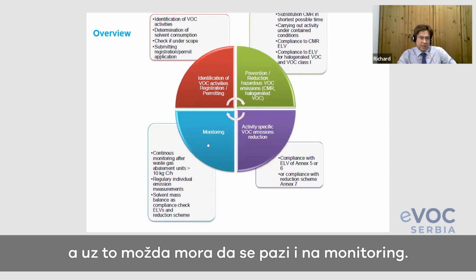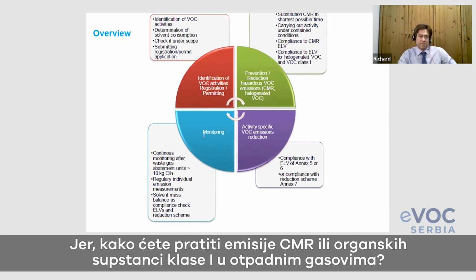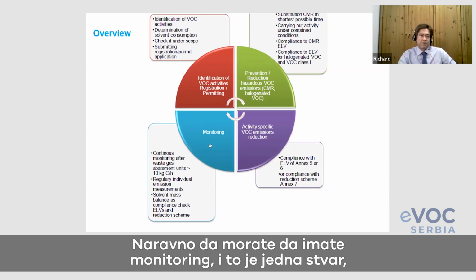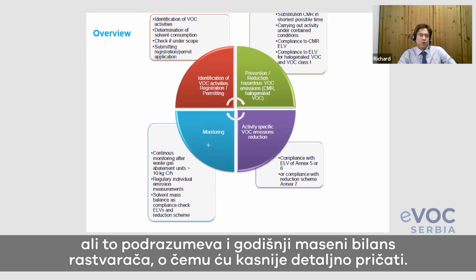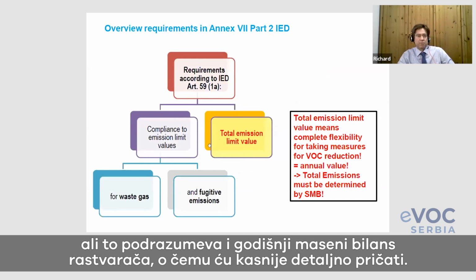And additionally, maybe you have to take care of the monitoring, because how do you want to control the CMR emissions in the waste gas or Serbian class 1 materials? Of course, you have to do monitoring, and this monitoring in the stack gases is one thing, but it includes the annual solvent mass balance, where I will explain the details in more depth.